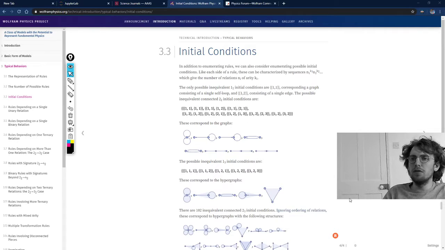Possible inequivalent. What does inequivalent mean? What do these words mean, Stephen? What does this mean? What about 1, 2? Your boy, 1.